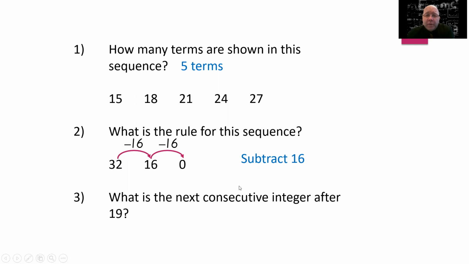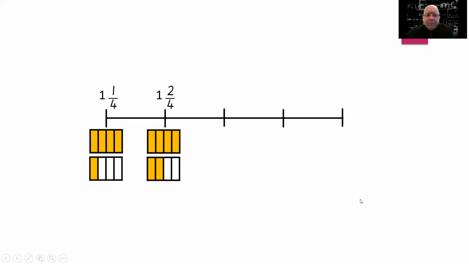They follow on from each other. So the next consecutive integer. Well, an integer is a whole number. So basically, although it's very wordy, all this question is asking you is what's the next number after 19? It's 20. But consecutive means it follows on, it is the next one in the sequence. An integer is a whole number.